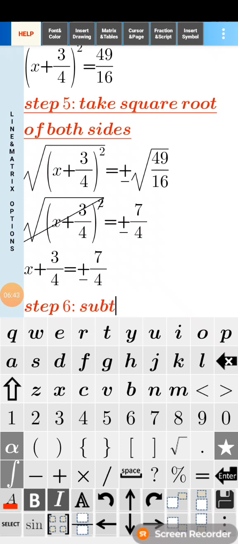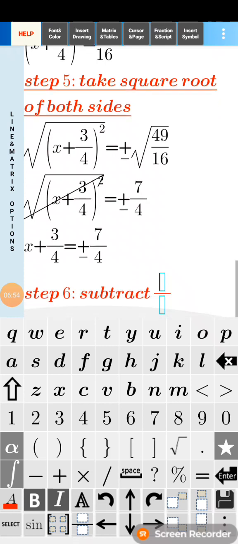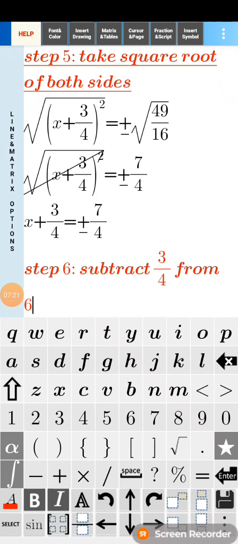So I will say subtract 3 over 4 from both sides.